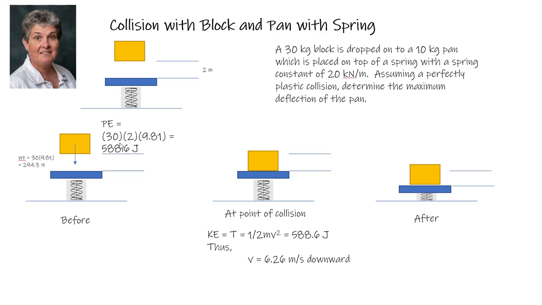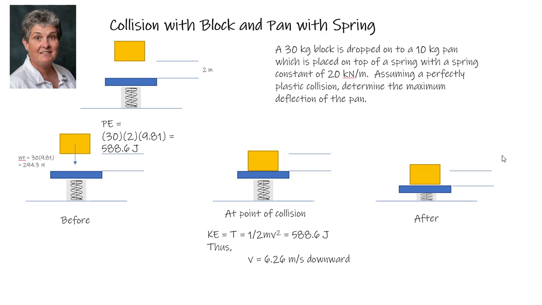So just using conservation of energy, we know that the kinetic energy we're going to put into the system is 588.6 joules, and we can determine the velocity, because remember this is a momentum problem. It's going to come in with a velocity of 6.26 meters per second downward.